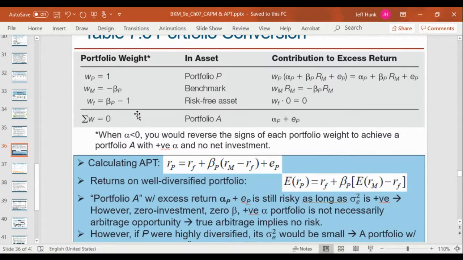You're shorting the T-bill for 950K, and you're shorting the benchmark by 50K, right?